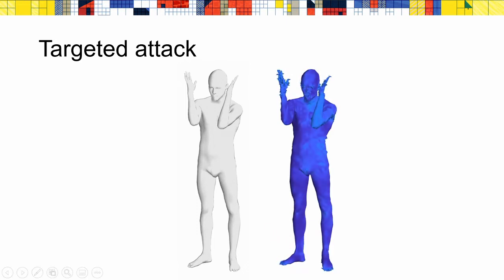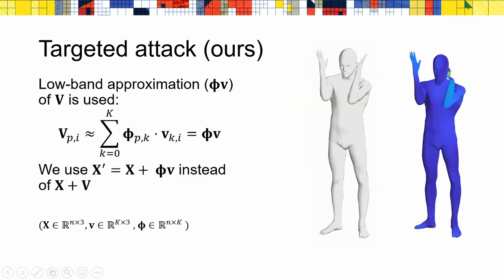Generally speaking, all the finer details are removed by this approach. Instead of optimizing for a simple additive perturbation, we propose to optimize over the spectral coefficients of the truncating eigenbasis. We can see that now the adversarial example is preserving the surface in a more natural way due to the limited nature of the perturbation.